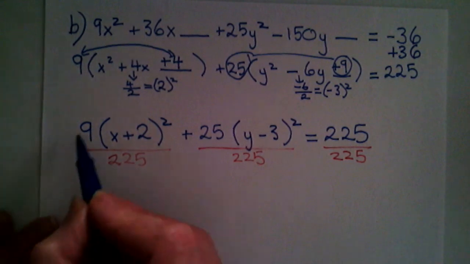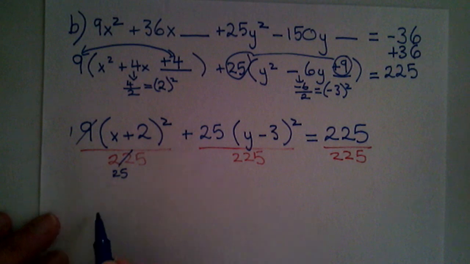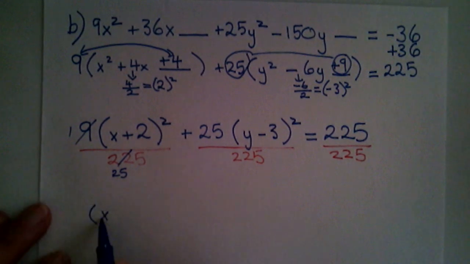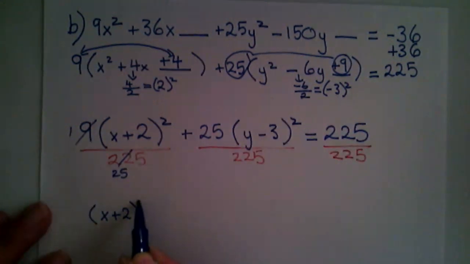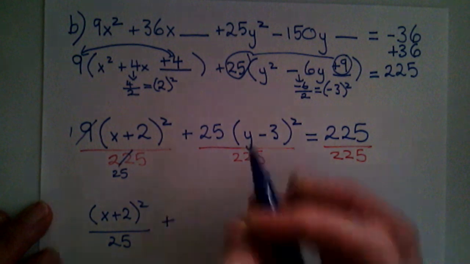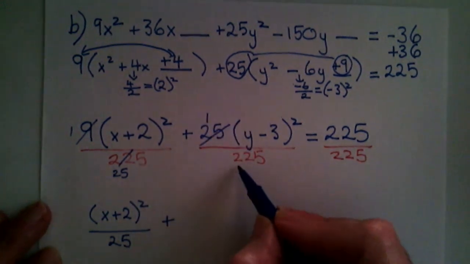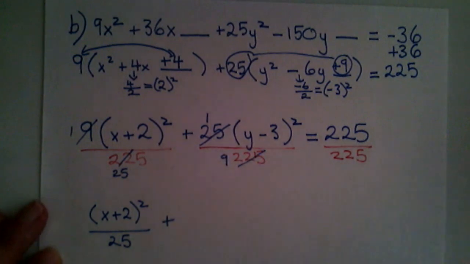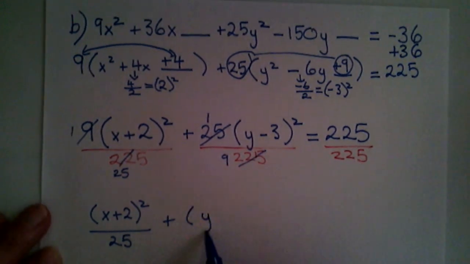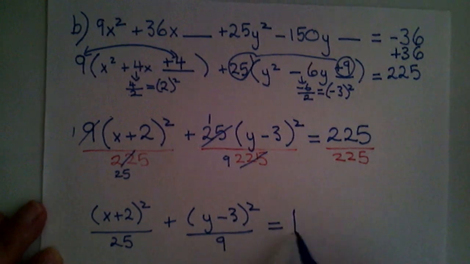And this is 1 and 25. So now our equation is x plus 2 squared over 25 plus, that's 1, and that's going to be 9. We have y minus 3 squared over 9 is equal to 1.